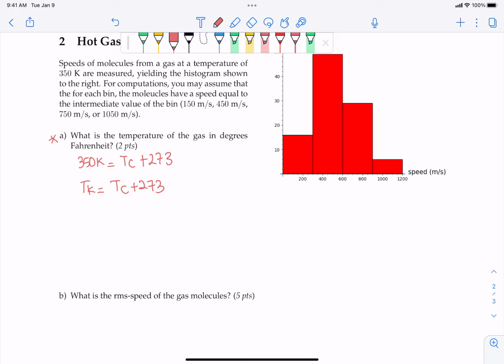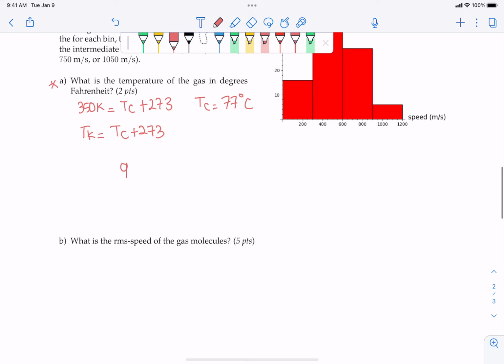That gives us a temperature in Celsius of 77 degrees Celsius. And we have an equation for going from Celsius to Fahrenheit: 9/5 times the temperature in Celsius plus 32 is equal to the temperature in Fahrenheit.